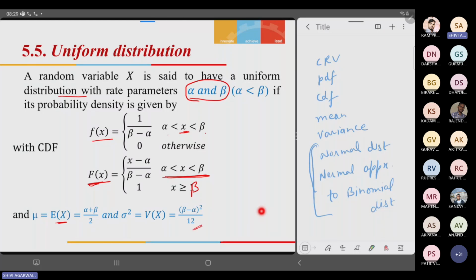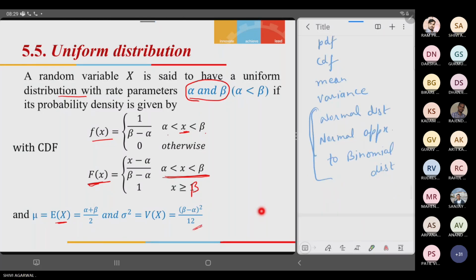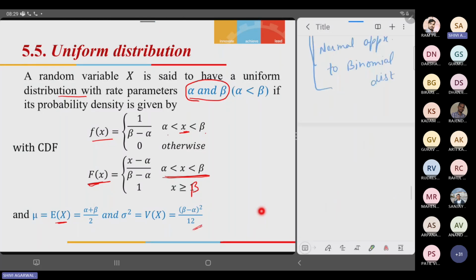And you now know the formula here. The expected value of x is equal to the integration from minus infinity to infinity of x into f(x) dx. You can use it here over the range alpha to beta, because in that range the density function exists: x into 1 upon beta minus alpha dx.